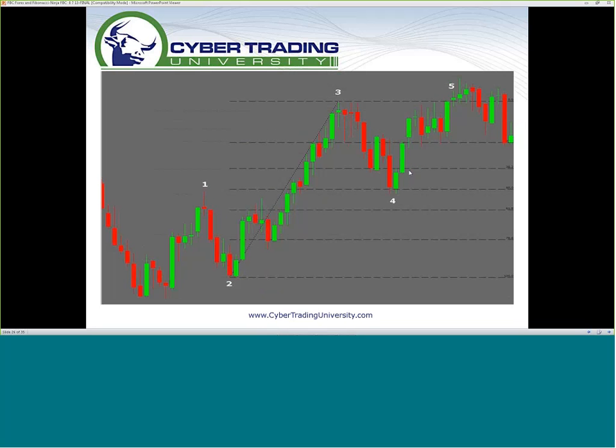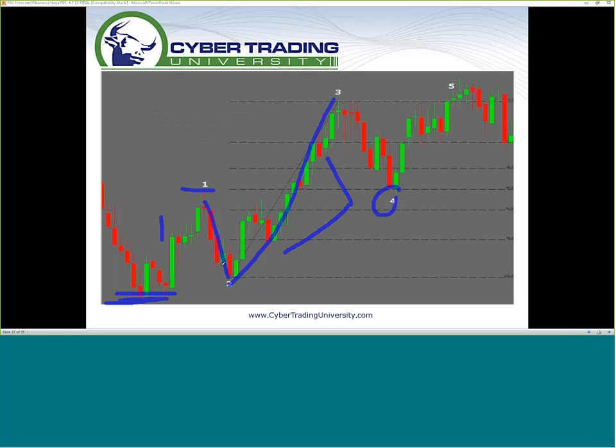Here's a bigger picture. Again, start at the bottom, that's 1. The retracement is 2. 2 cannot have a 100% retracement of 1. The bottom was over here, actually. 3, now we drew the Fibonacci lines on 2 to 3, meaning 4 is a percentage of 3.